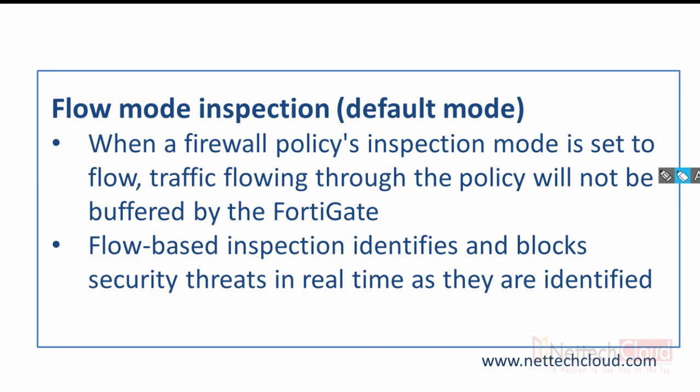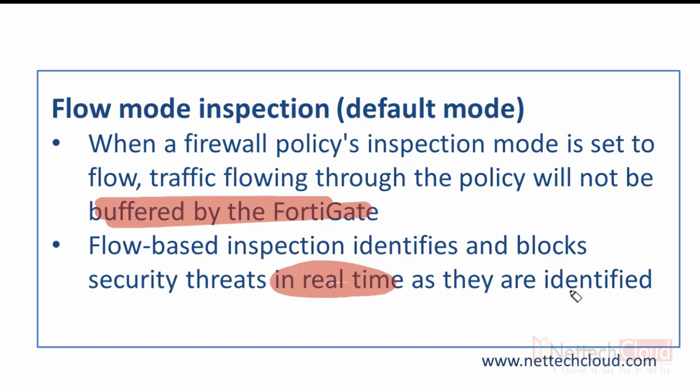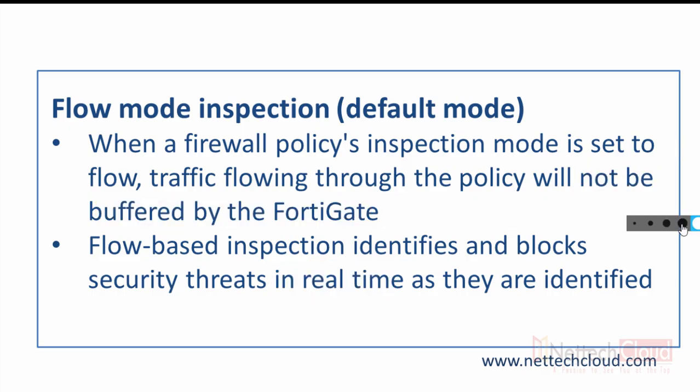Alright, so flow based inspection is the default mode. As I said before, when a firewall policy inspection mode is set to flow, traffic flowing through the policy will not be buffered by the FortiGate firewall. Flow based inspection identifies and blocks security threats in real time as they are identified, without buffering. Real time analysis, right? In most firewalls we don't find an option to switch between these two modes.